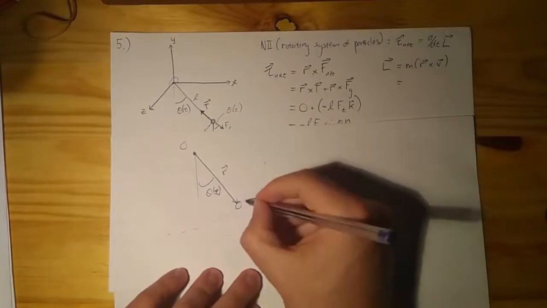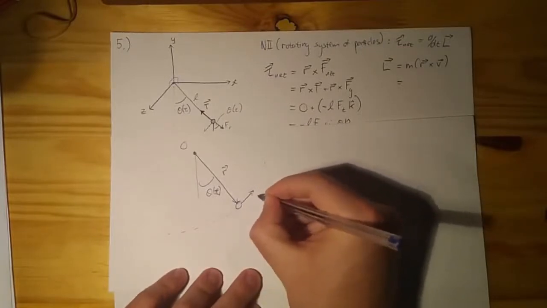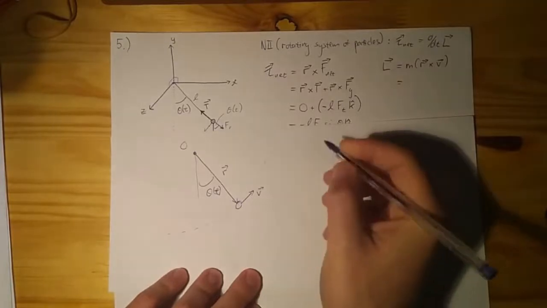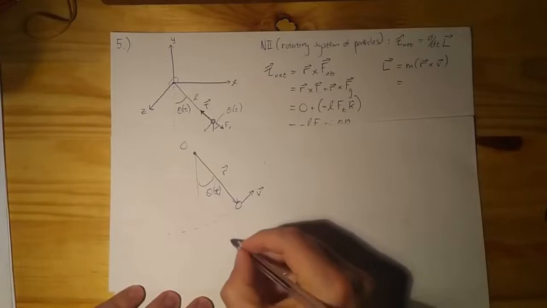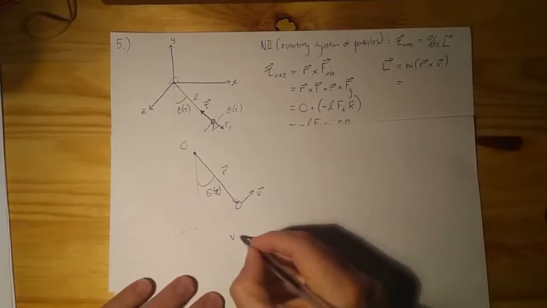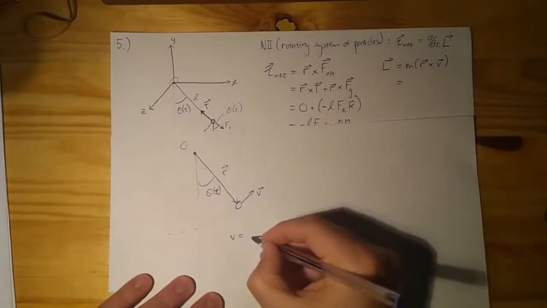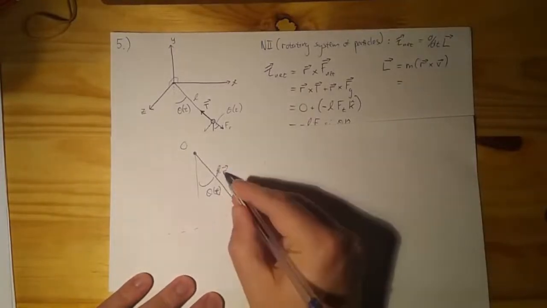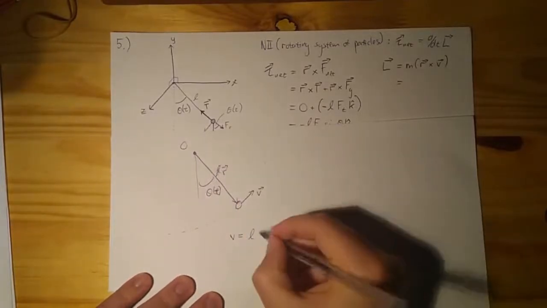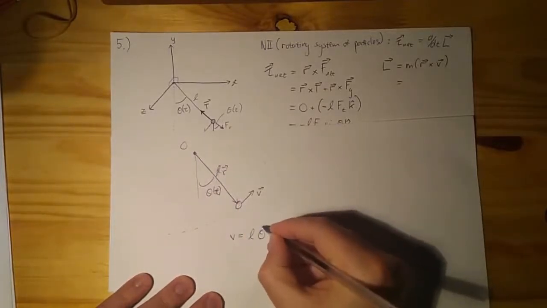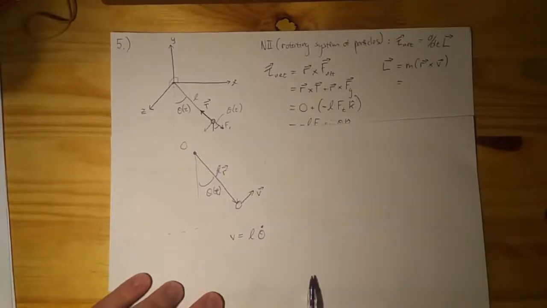If it's moving upwards, then there is the velocity vector. But how are you going to calculate that? What's the magnitude of this velocity? It's just going to be equal to the length of the distance to the origin, which is L, times the time rate of change of the angle.